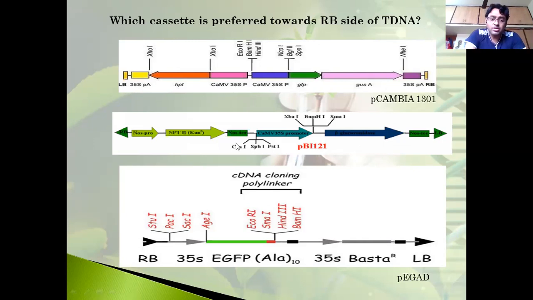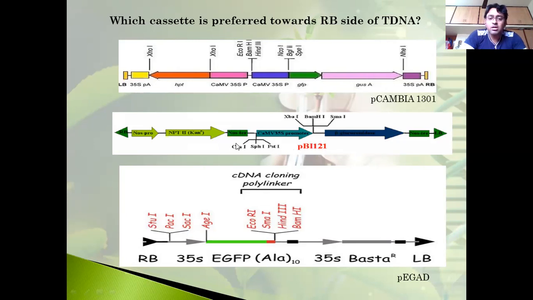And definitely the left border will be introduced, but it will be introduced later. So, if there is a chance of incomplete integration, then my gene of interest can be integrated there.